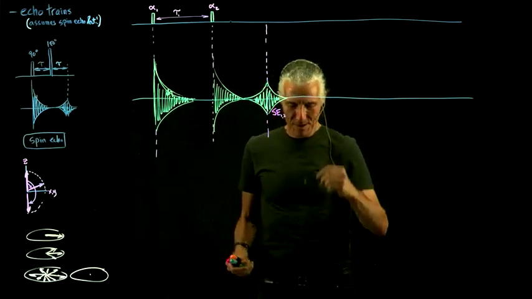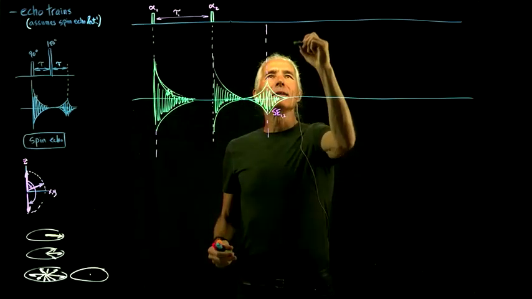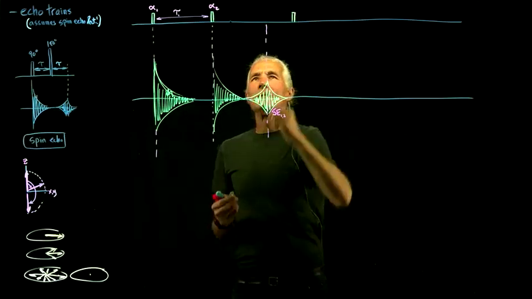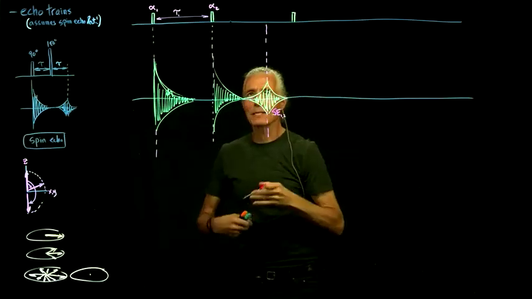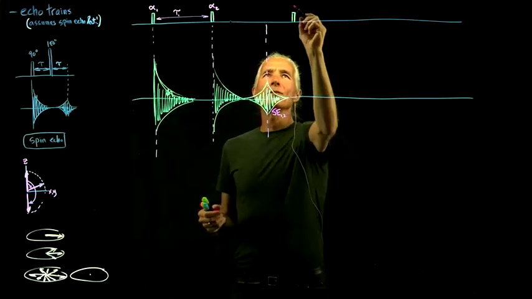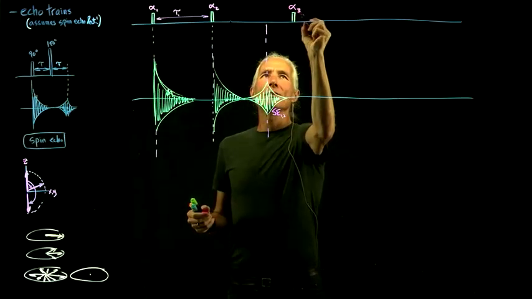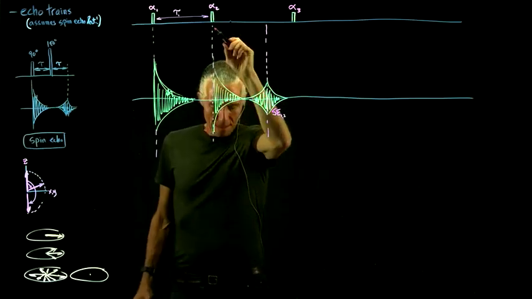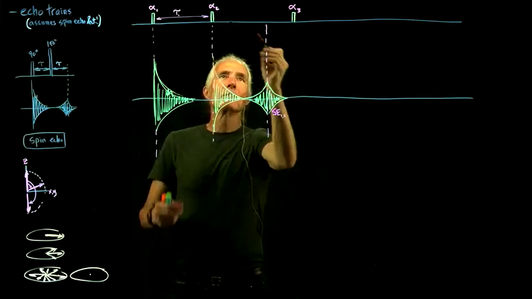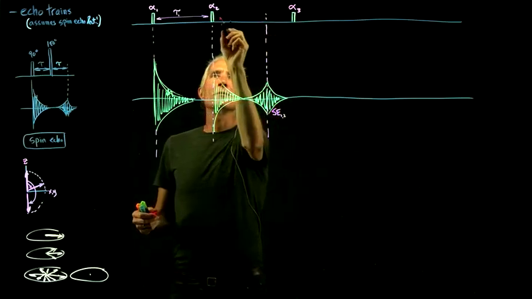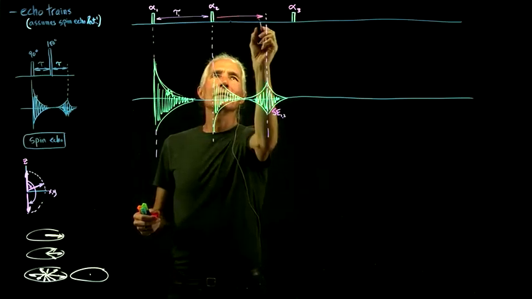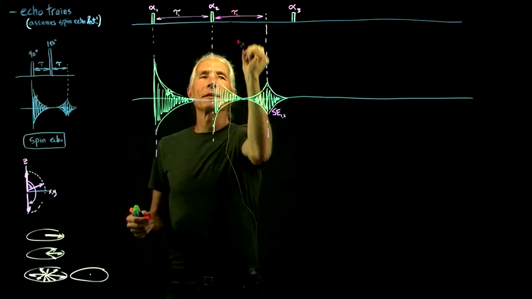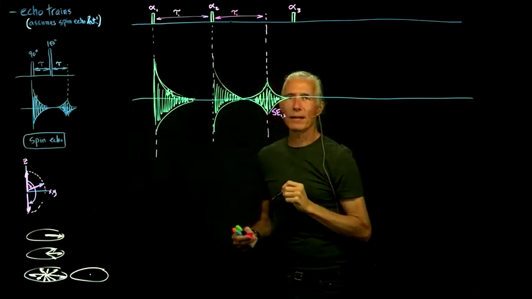If we do another pulse, say here, it's not the same time spacing as between the first two pulses. So here's a third pulse. So what is this time here? This time here was exactly the same as tau 1, when the peak of that echo occurred.